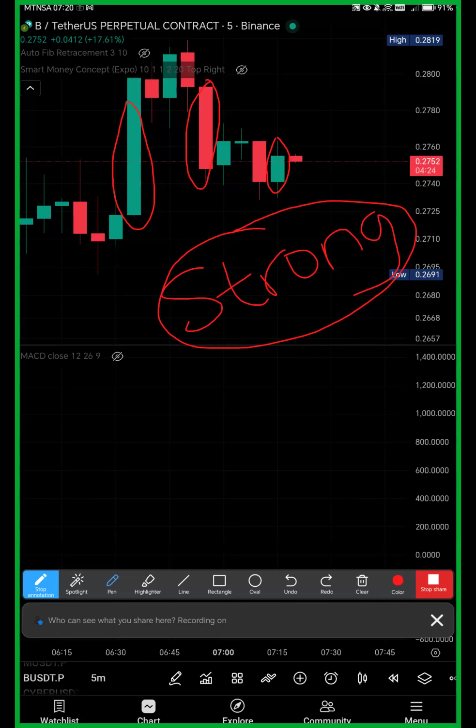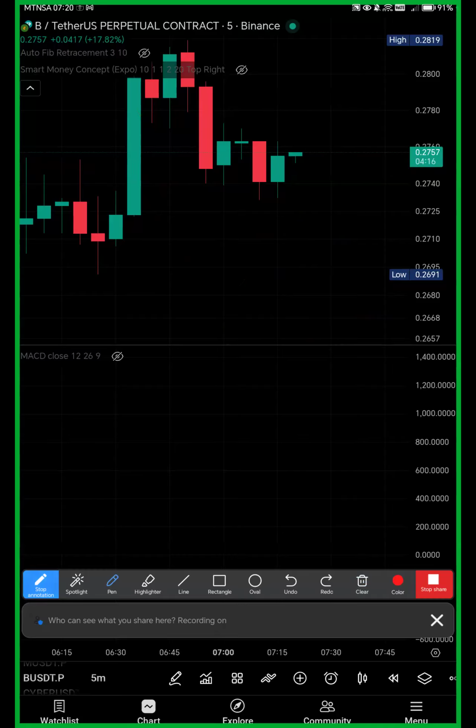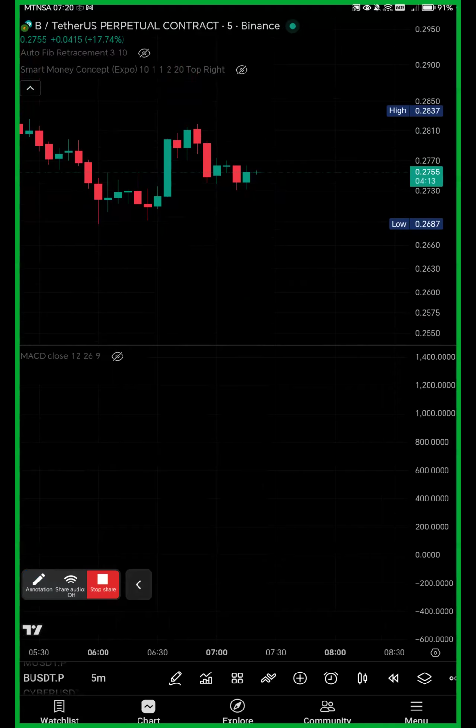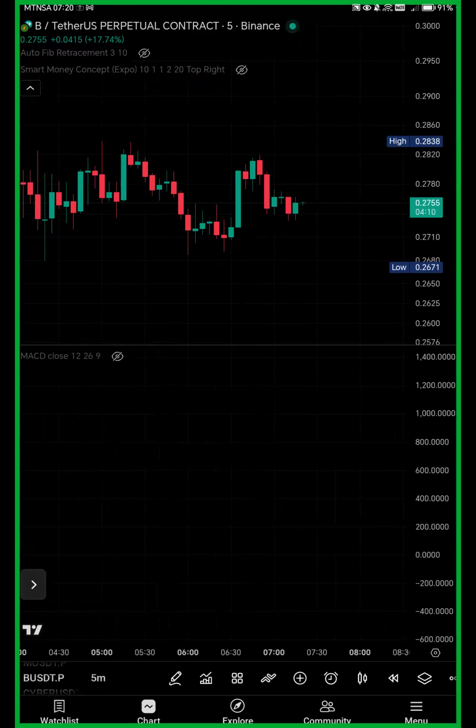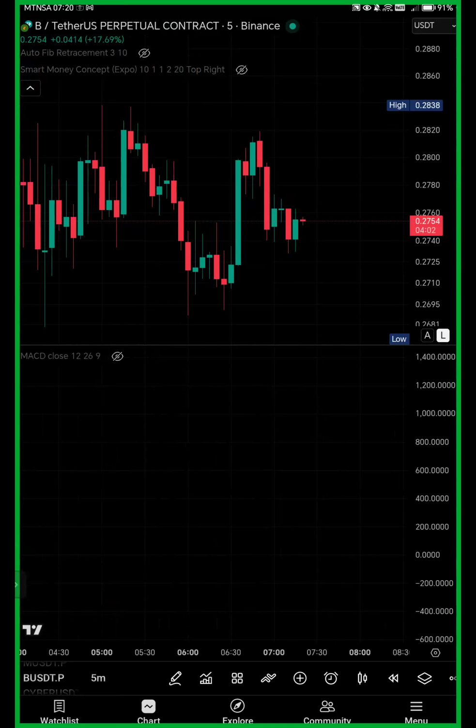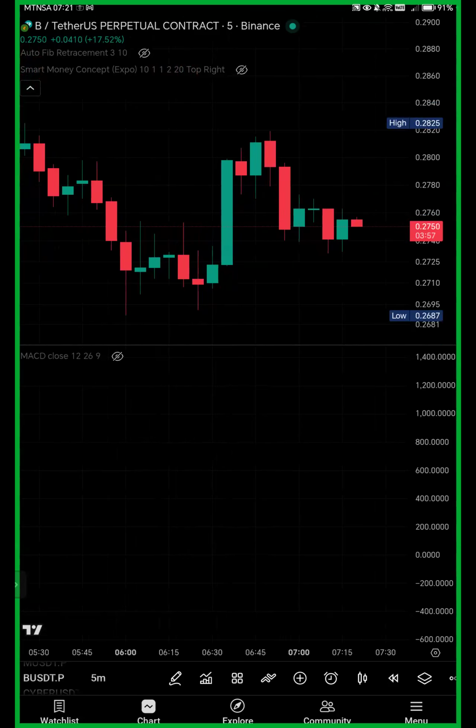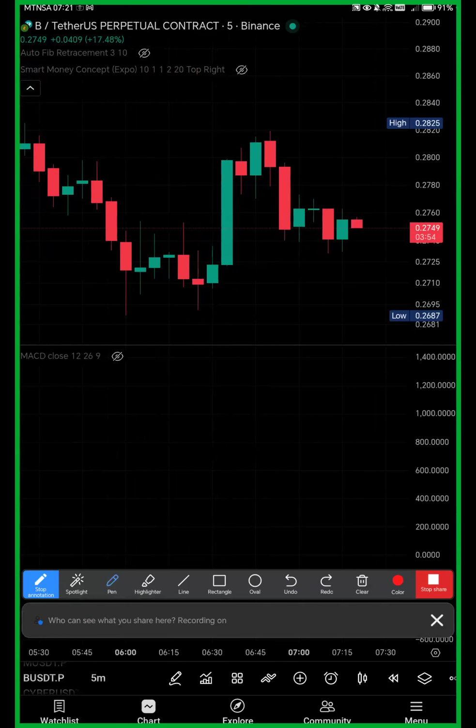So the body of the candle brings a significant message to you as a trader. When you come to TradingView, you look at these sizes of the body of the candles. You should be able to interpret and say what happened here, how much selling pressure and how much buying pressure was here, just by looking at the candle.